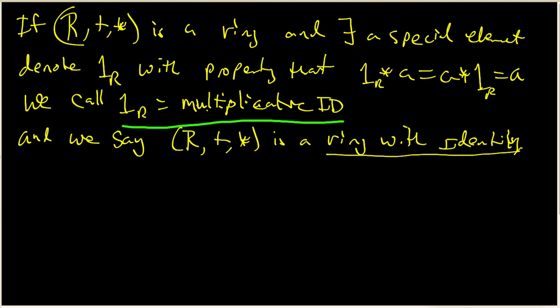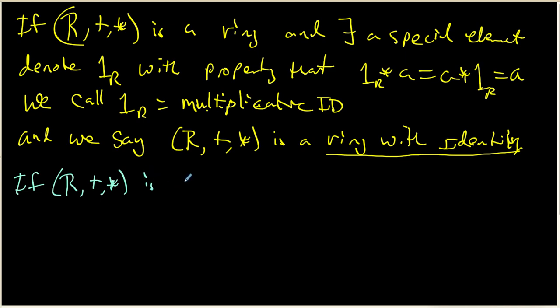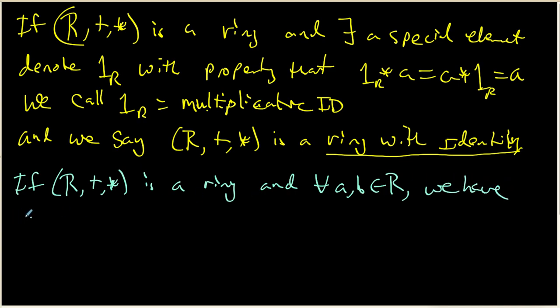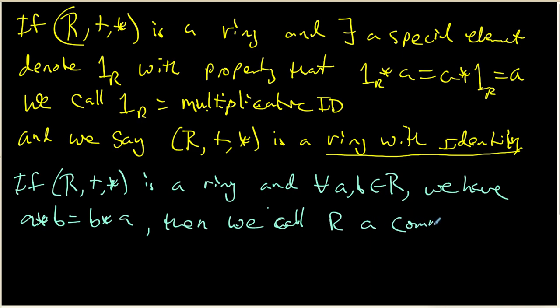On the other hand, if this particular ring is just any old ring, and it turns out that for all elements inside the ring A star B is equal to B star A, then we call R a commutative ring.